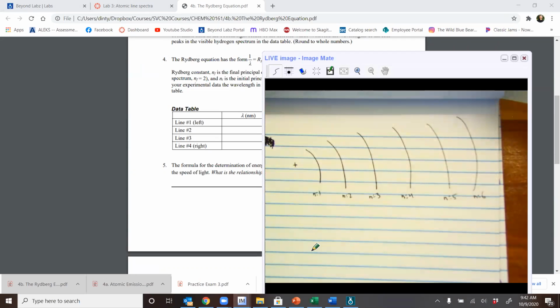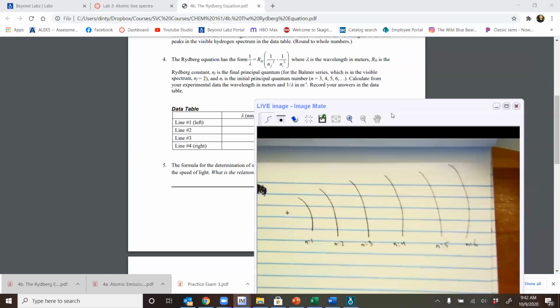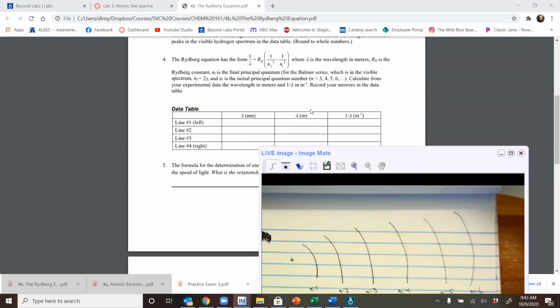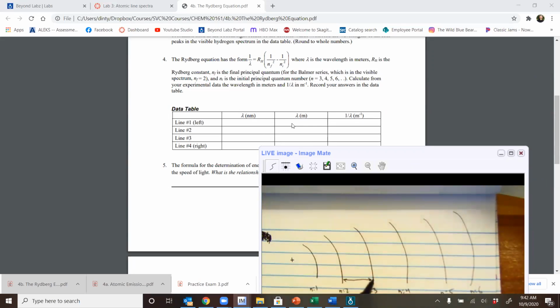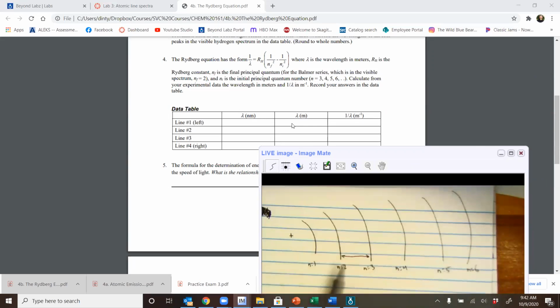So out of these 4 wavelengths, those are going to correspond to 4 different energies, all right? So one of those 4 lines is going to correspond to what happens when an electron starts in n equals 3 and falls back down to n equals 2, all right? So there's some difference in energy between those 2 shells.